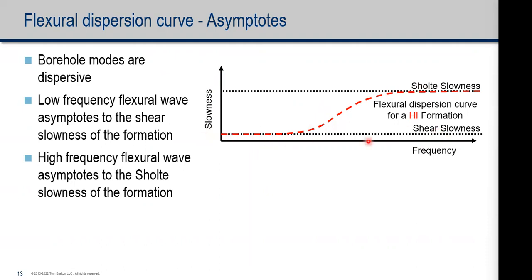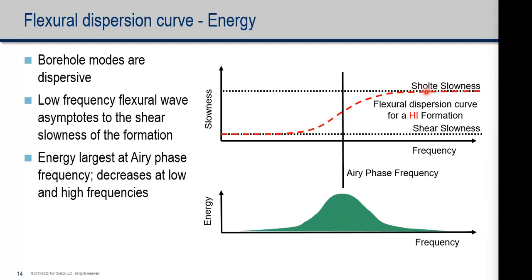The low frequency asymptote is the shear slowness of the body wave in the formation, even though we're measuring the vibration of the borehole. And the high frequency slowness is known as the Scholte slowness. It's an interface wave between the liquid in the borehole and the formation.